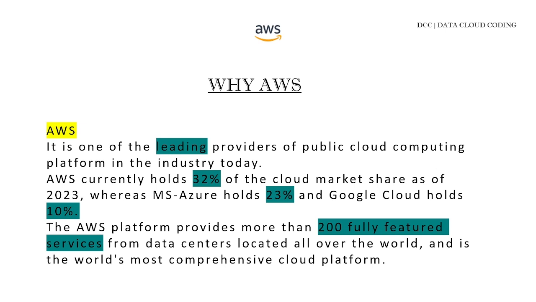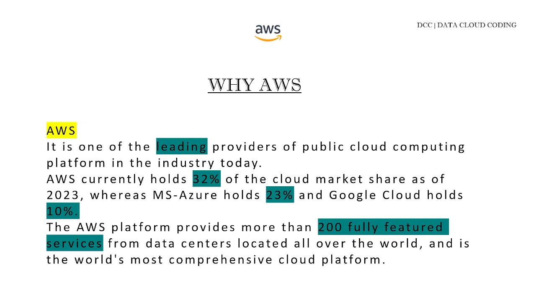So among the top three public cloud providers, AWS already is a leading cloud provider, which is a go-to platform for public cloud computing in the industry in 2023. As we can see, it holds 32% of the cloud market share.